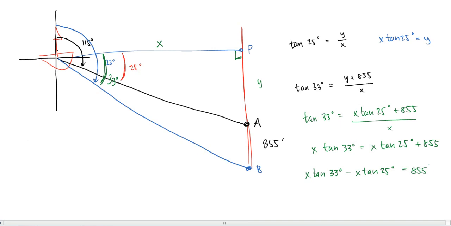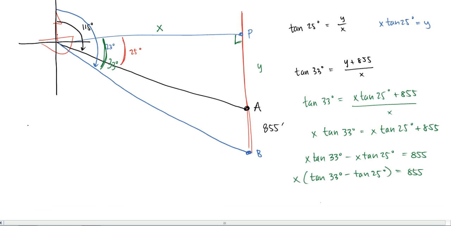Now the reason I wanted both those x's together is now hopefully I can factor them out, and as you can see I can factor it out and have x times tan 33 minus tan 25 equals 855, and all of a sudden this has gotten to be really nice where I can solve for x just by figuring out what 855 over tan 33 minus tan 25 is.